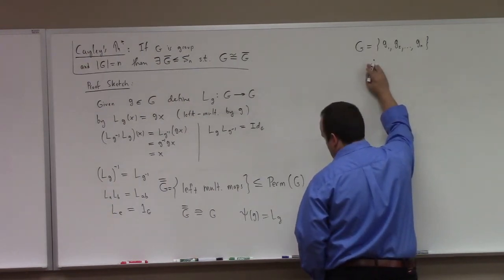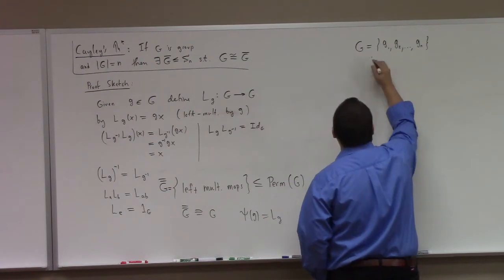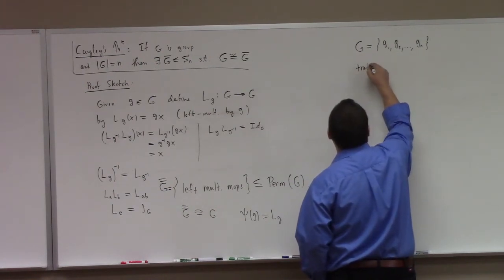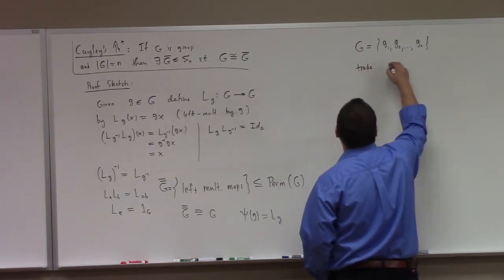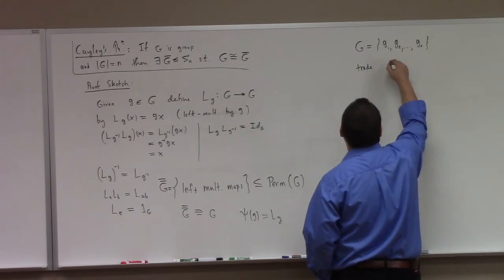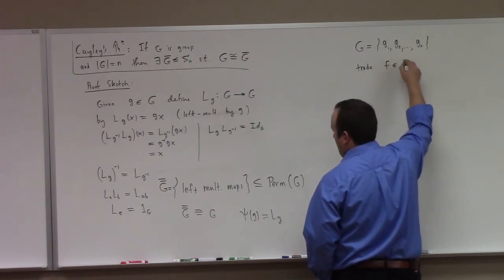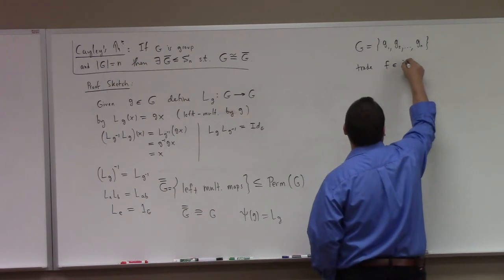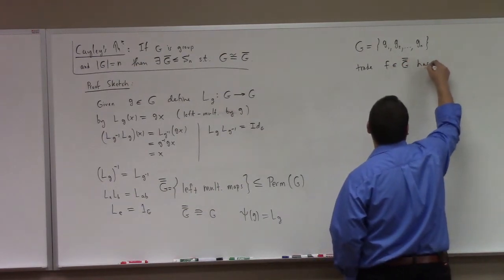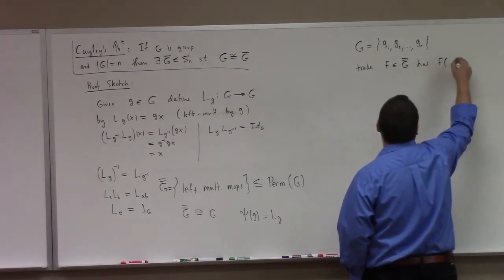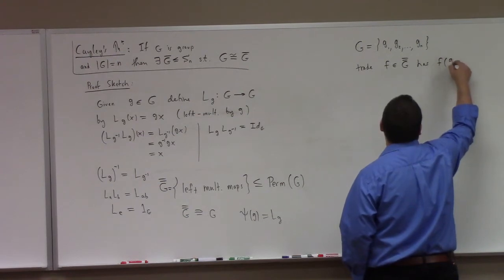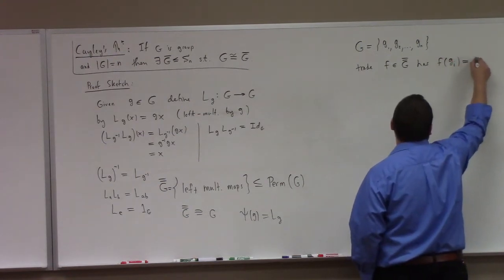You want to trade, let's say, suppose F in G bar bar is such that F of Gi equals Gj.